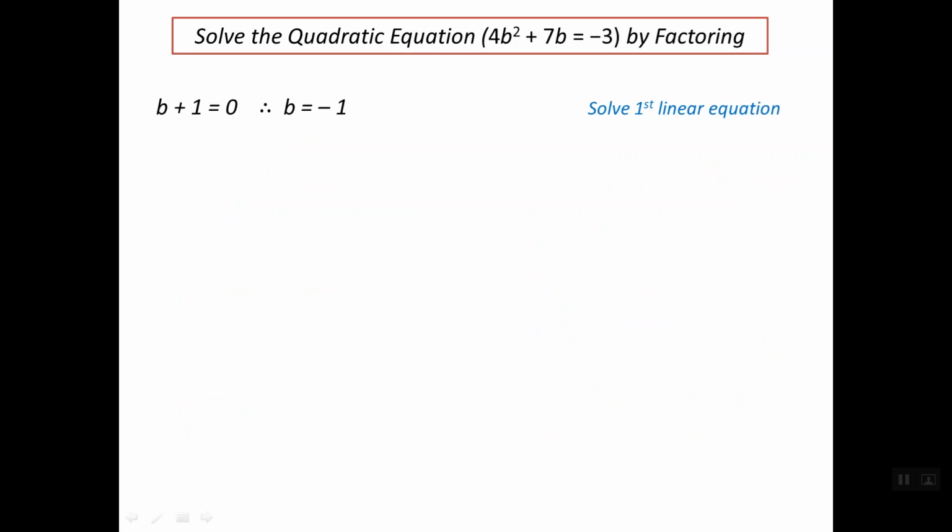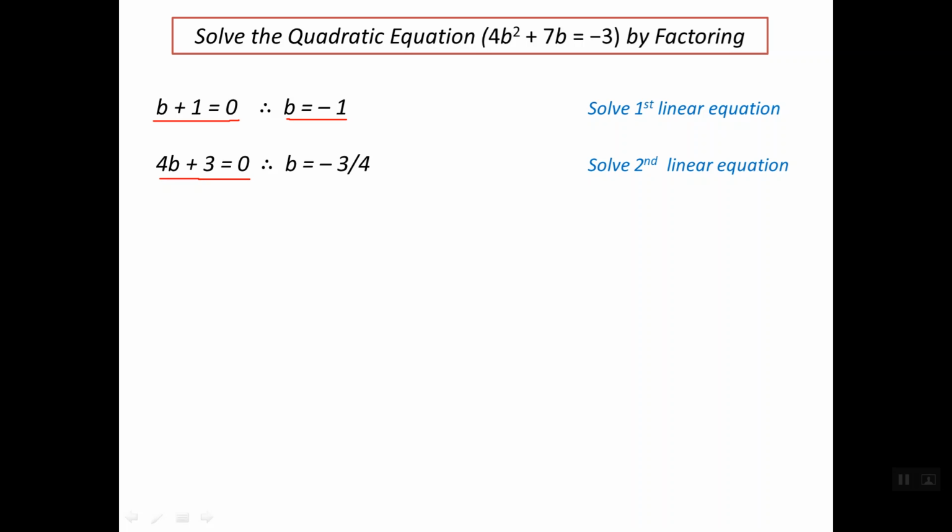So now we can solve the first linear equation, which is b plus 1 equal to 0. If we add minus 1 to both sides of the equation, we get the value of b to be minus 1. So this is the first solution for b. And regarding the second solution, the second linear equation is 4b plus 3 is equal to 0.